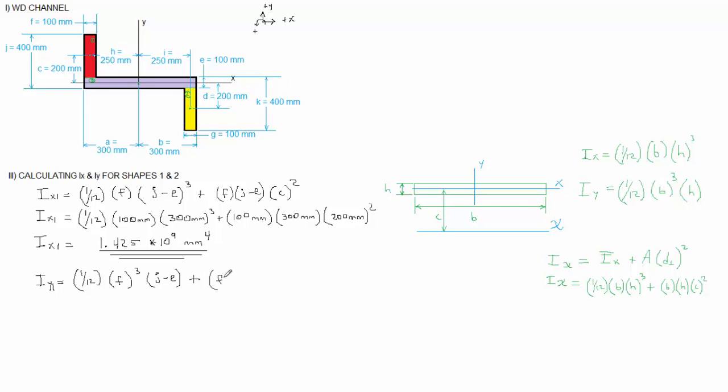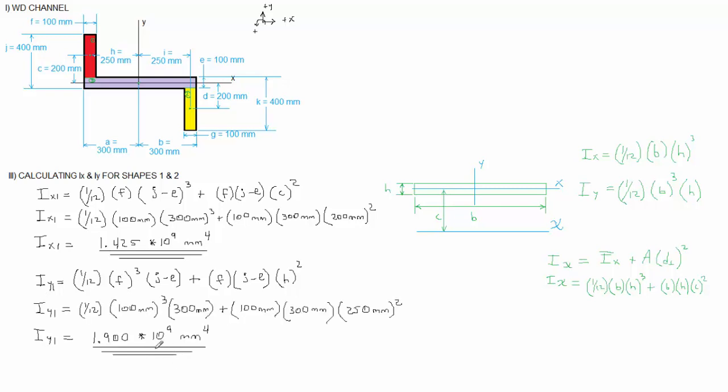The area is f times (j minus e), and the perpendicular distance is h. Now we can plug the numbers in, and we'll find that the moment of inertia around the y-axis for shape 1 is 1.9 times 10 to the 9th millimeters to the 4th.